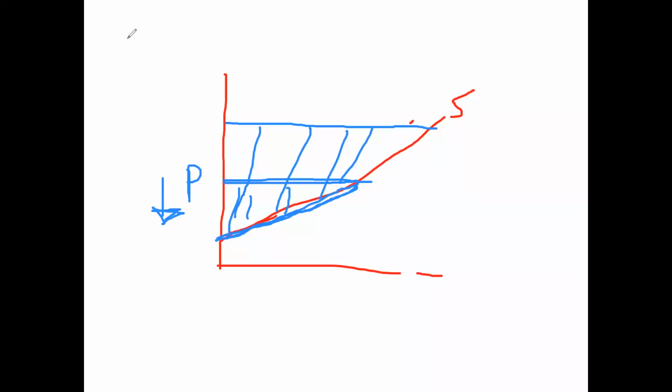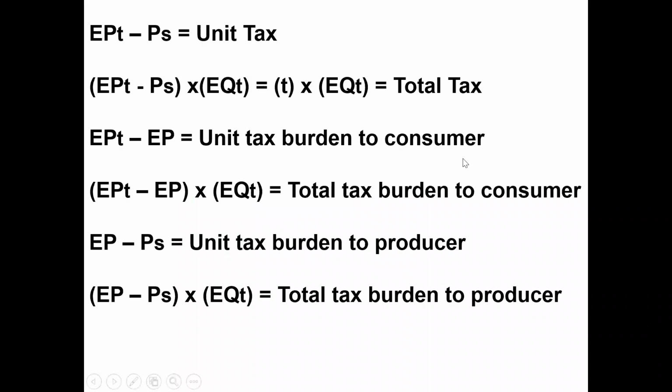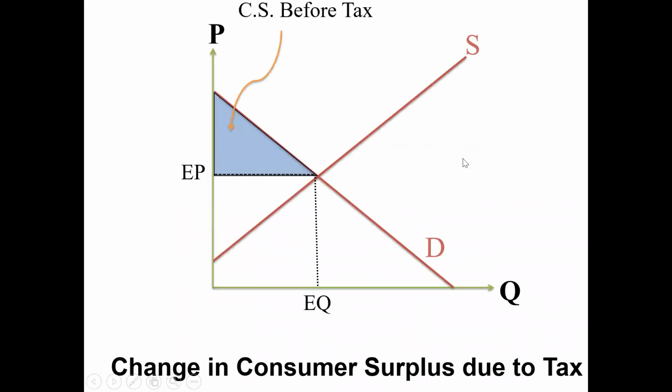Okay, now we'll see how to identify consumer surplus and producer surplus when the tax is charged. Look at this. This is the situation before tax. So this is consumer surplus before tax. As I told you, below the demand curve, above the price, a triangular area.